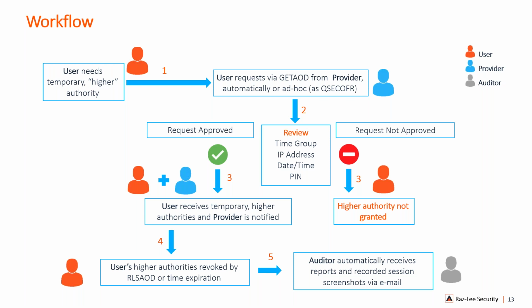But you can also type the command release AOD and it will end the authority on demand session immediately. And of course, the auditor automatically receives reports, as I mentioned before.